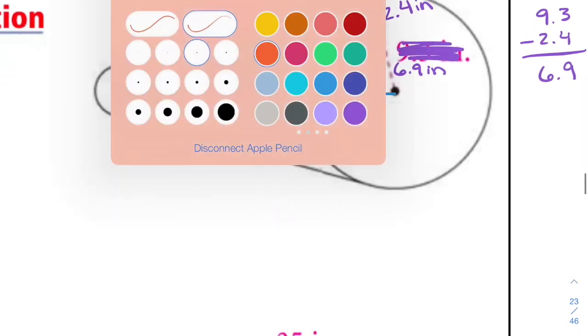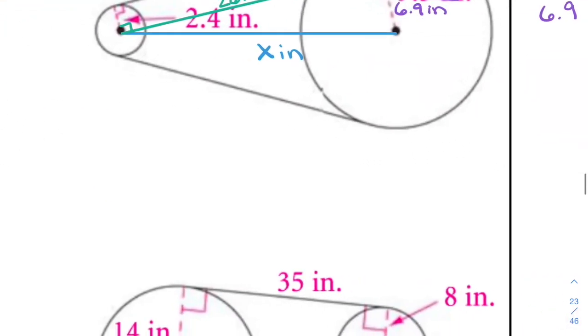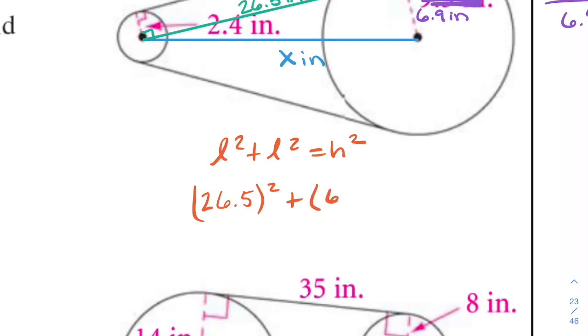So I'm going to do leg squared plus leg squared equals hypotenuse squared. I'm going to do 26.5 squared plus 6.9 squared would give me the hypotenuse, which is x squared.